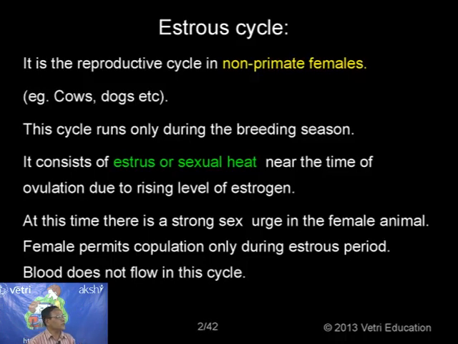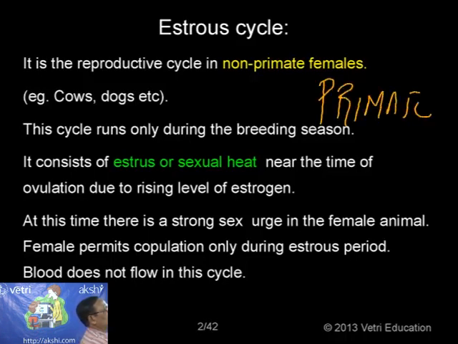Now we can say the reproductive cycle is well developed in the case of the order primates, under which human beings are included. The order primates, subclass Mammalia, includes apes, chimpanzees, monkeys, human beings, even lemurs, tortoises, etc. These are all the different groups of animals included under this category.